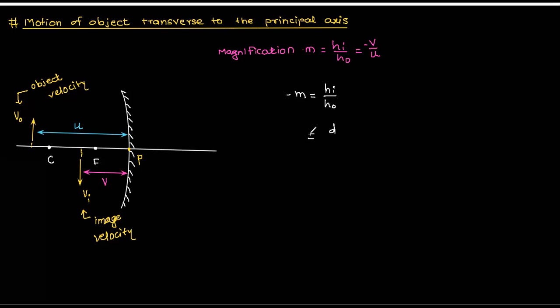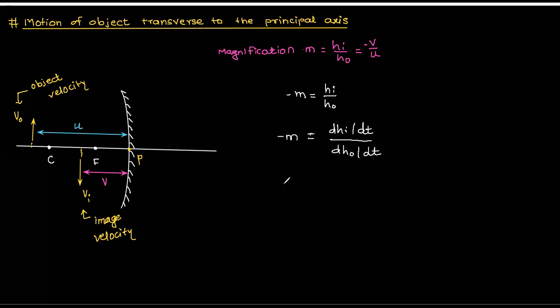So d hi by dt divided by d h naught by dt is equal to minus m. The rate of change of height of image divided by rate of change of object height. Yes.